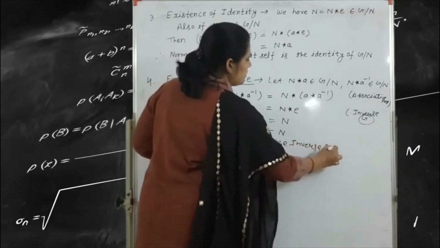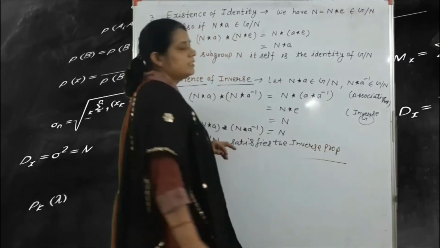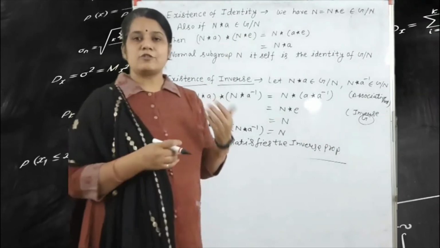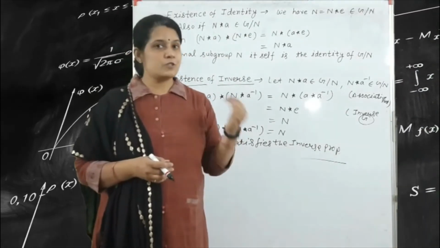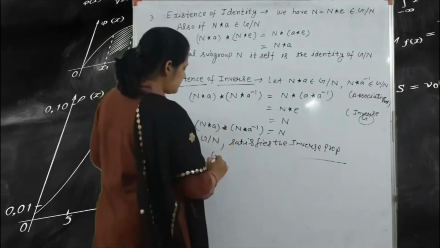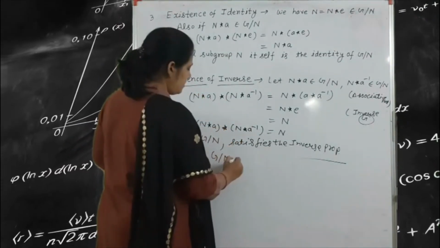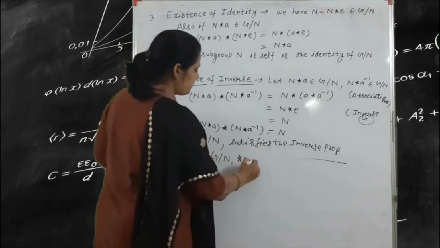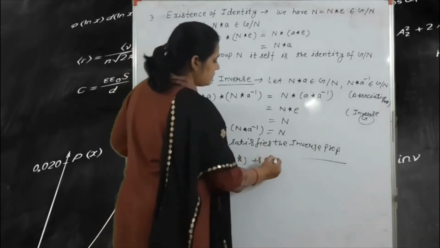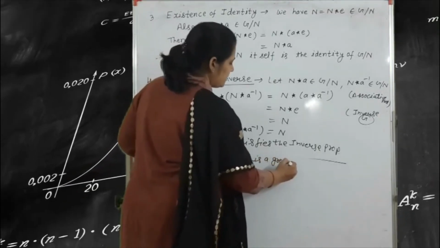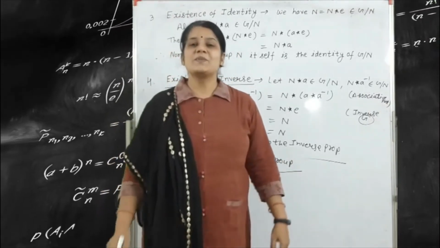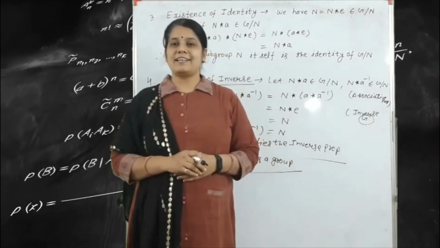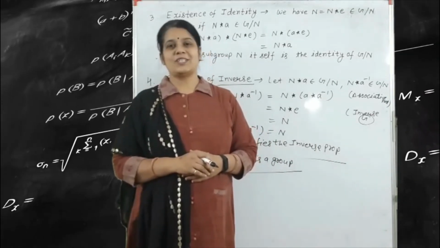So we find the closure property, associative property, identity property, and the inverse property. So we can say that (G/N, *) is a group. Okay, this is our final answer. I will continue this topic in our next lecture. Thank you for watching this video.